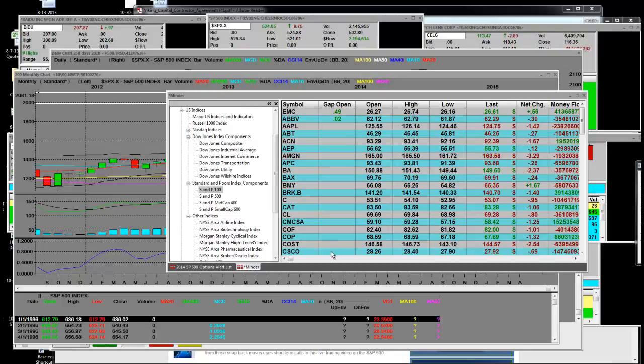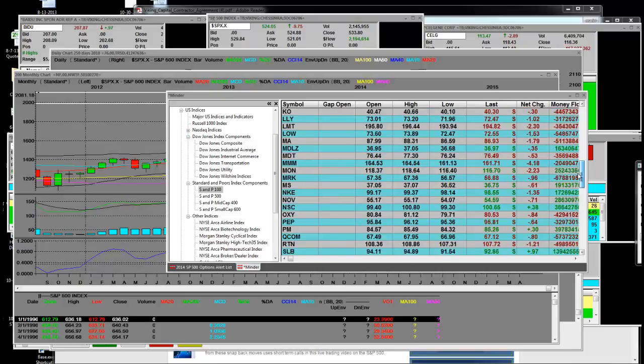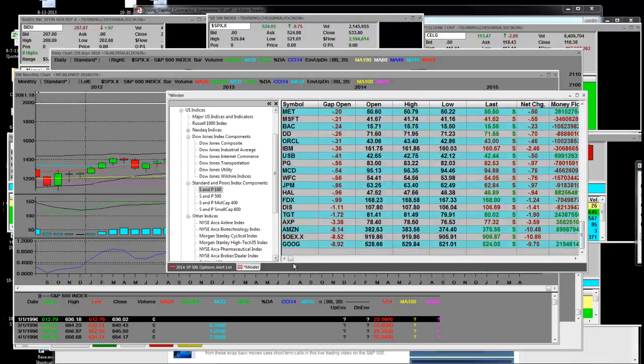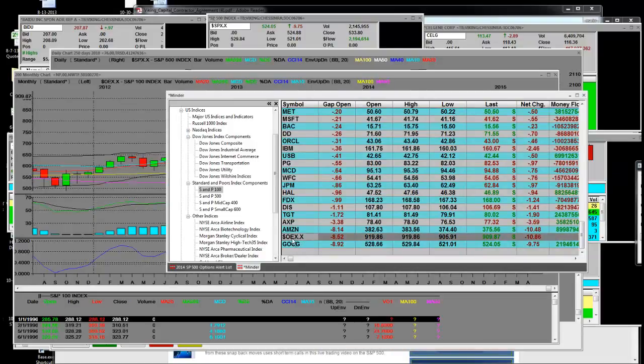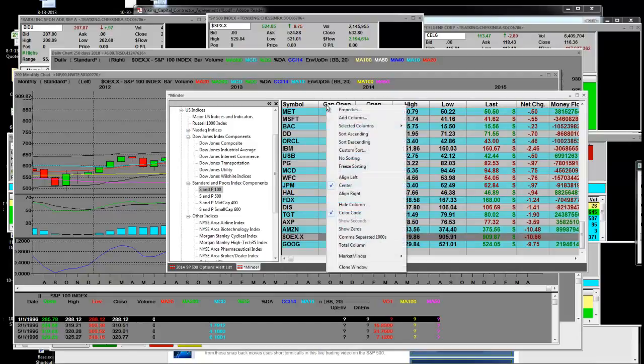So when we're looking at the S&P 500, we're also looking at our 100, called the OEX. I'm going to put the OEX in here versus the S&P 500 right here. These are all the stocks in the S&P 500 and 100 combined.